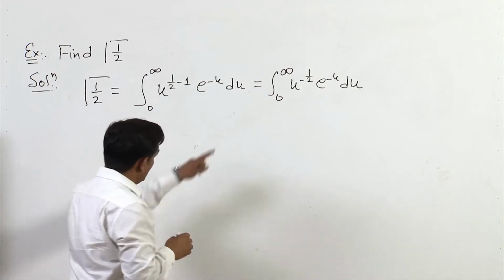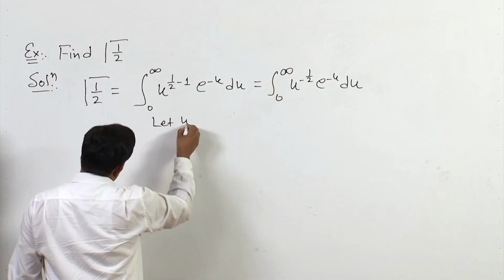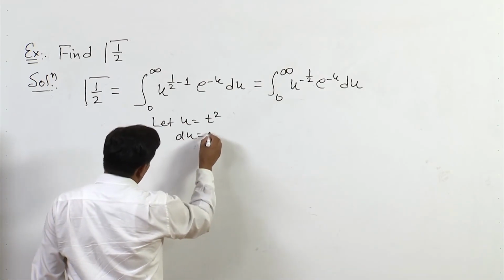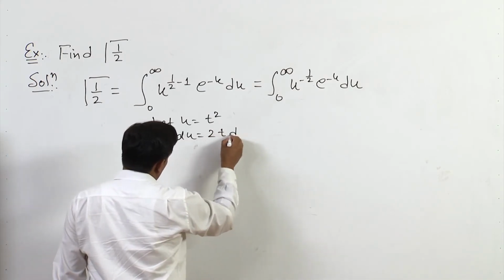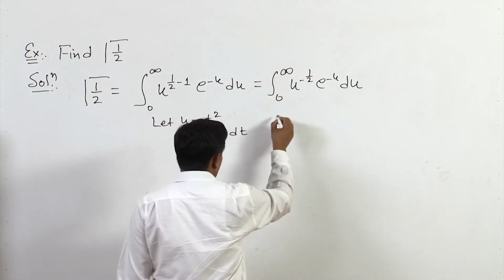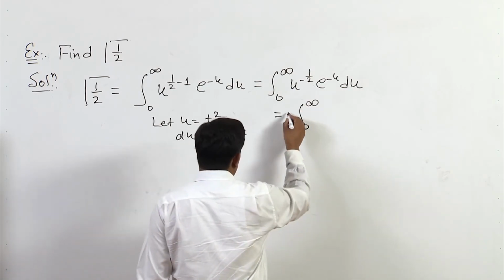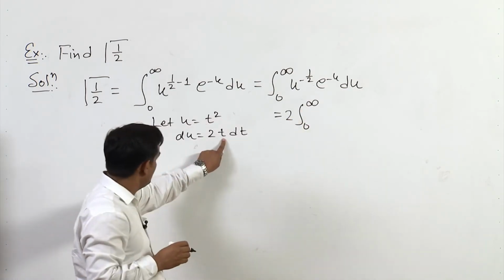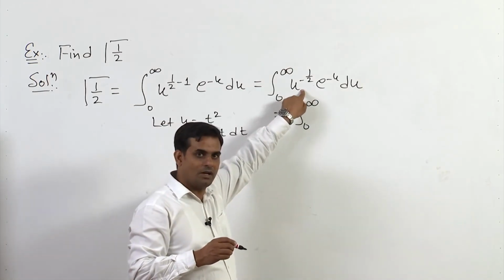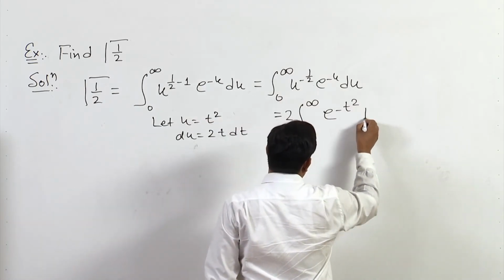If I substitute u equals t square, then du will become 2t dt. So, after substituting, this integral will be 0 to infinity and then 2 times, t is basically square root u, so square root u will cancel this u raised to power minus half. So, it will become e raised to power minus t square dt.